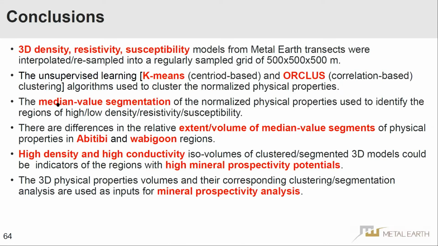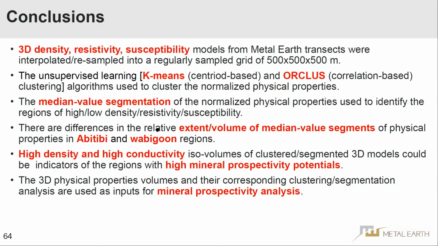But for ease of my analysis and making sure that I'm really looking at the right highs and lows, I did some median value segmentation of my normalized physical properties, and I was able to make 8 clusters that correlate to highs and lows of density, resistivity, and susceptibility, which I think provided a good insight into the differences we can see between these two regions.